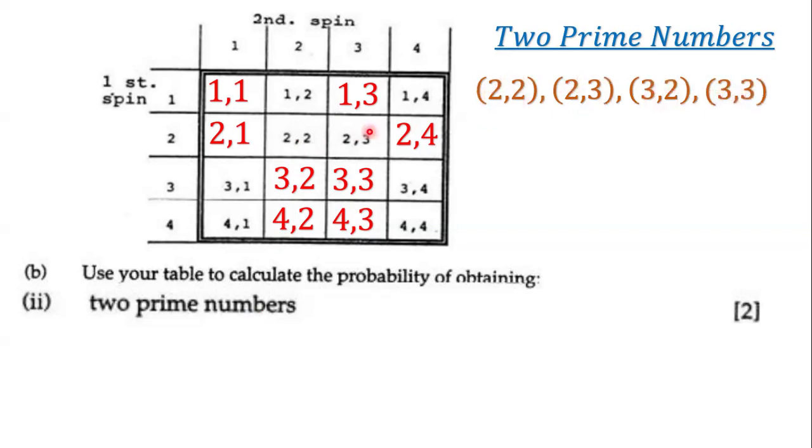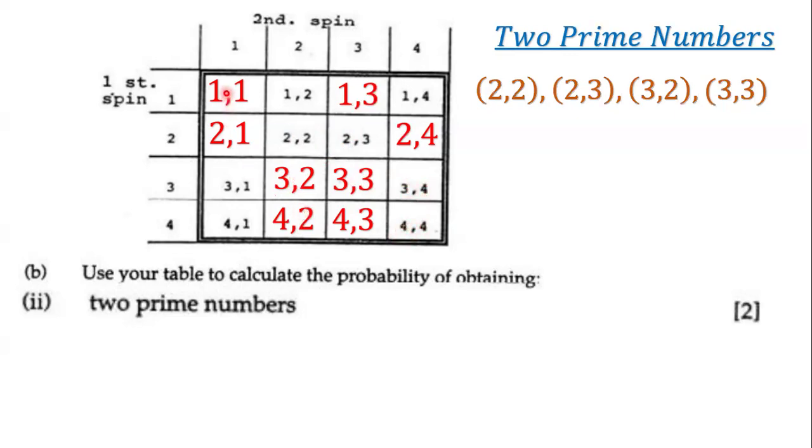Okay, and so where do we have it? 2, 2 is right here. Then we have 2, 3. 2, 3 is right here. Then we have 3, 2, which is right here. We have 3, 3, right? We can't use 3, 4 because 4 is not prime. We can't use 4, 4 because 4 is not prime.